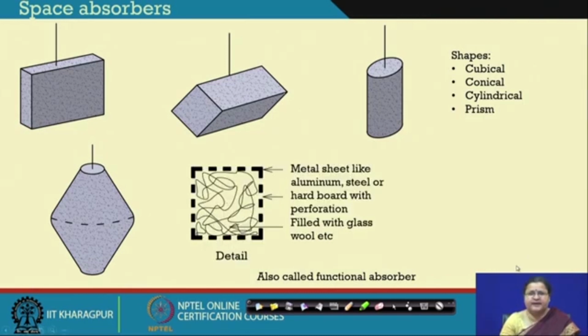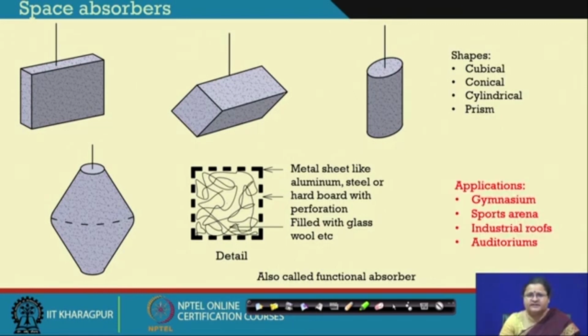So, it may be a covering of a metal sheet into which absorber is pushed in, that is, it may be filled in with glass wool, and it is a metal sheet with perforation, or it may be a hard board into which the infill has been put. So, this infill actually absorbs, and these perforations allow the sound entry into these space absorbers.